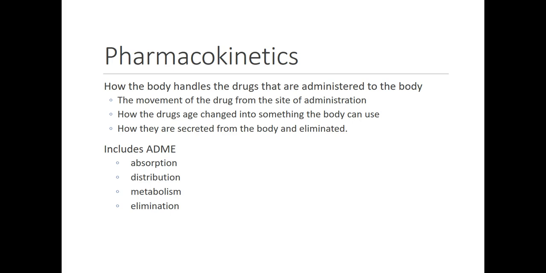Kinetic, or kinesis, moves. Right, movement, right? So it's about the drug's movement. Okay? So how is the drug moving through the body? So a really, really simplified definition of pharmacokinetics is the body's effect on the drug, or the drug's movement through the body.